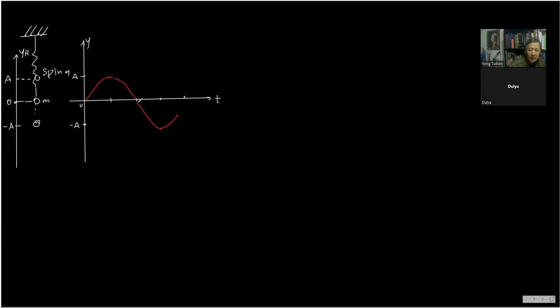Of course, they will continue. This is exactly one whole period, this is T. This is half T, and this is quarter T. T is the total period. Now, can you write the formula for y in this case? Or you can write the formula here, up to you.